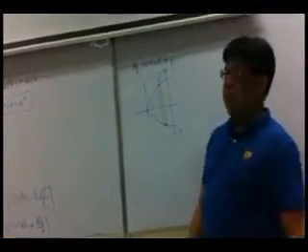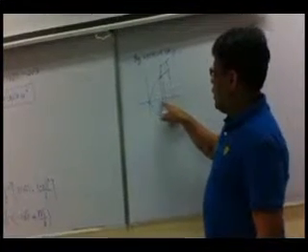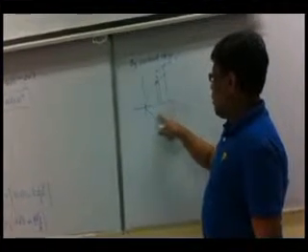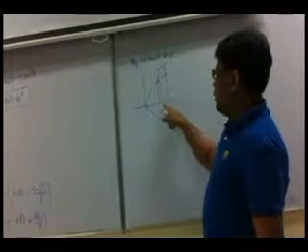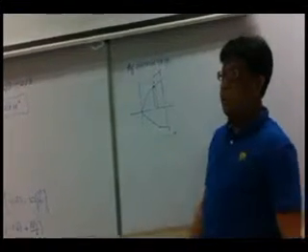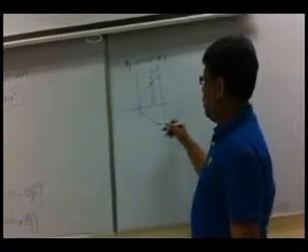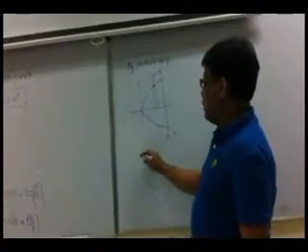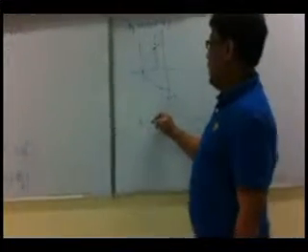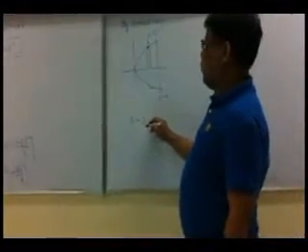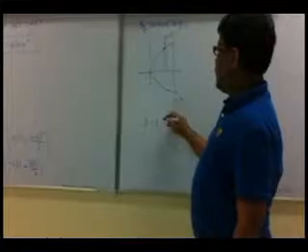Okay, but we have an option. We can still use the vertical strip, but what we're going to do is to use only half of the region, then we will multiply it by 2. Okay, so let us have that now. So the area is equal to twice of the areas.